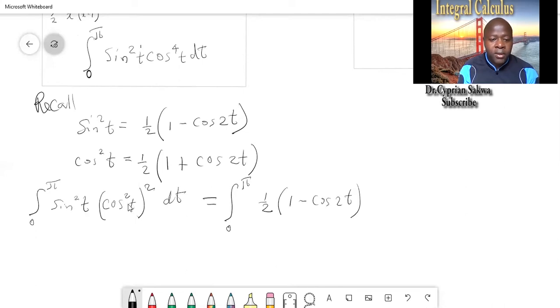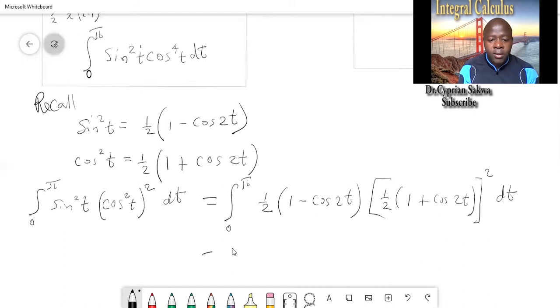And instead of cos square t, I'm writing a half into (1 plus cos 2t). Then I'm squaring the whole thing, dt.